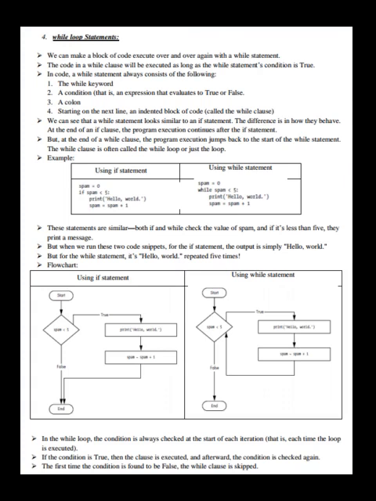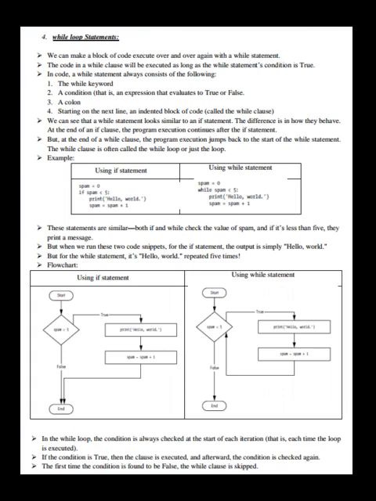Both if and while check the value of spam, and if it's less than 5, they print a message. But when we run these two code snippets, for the if statement the output is simply hello world, but for the while statement it's hello world repeated 5 times. See the flowcharts here.